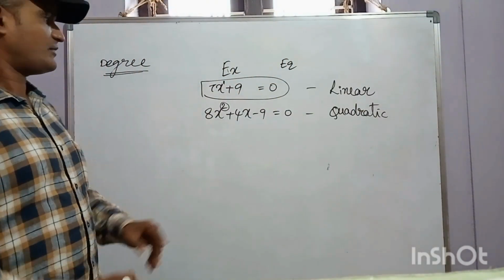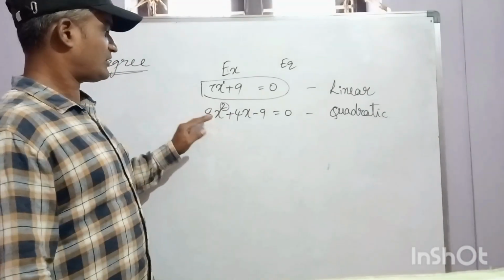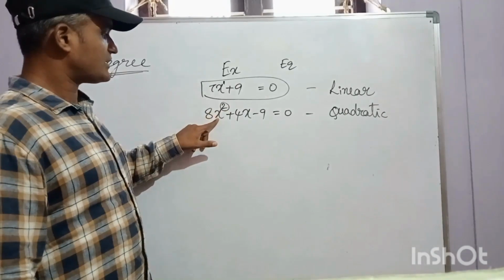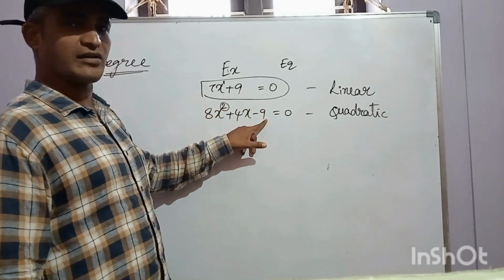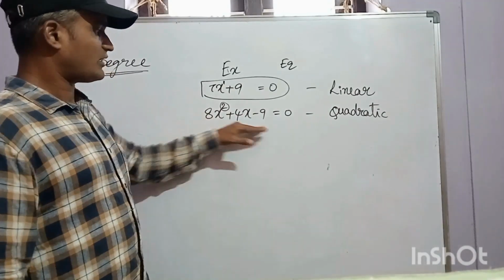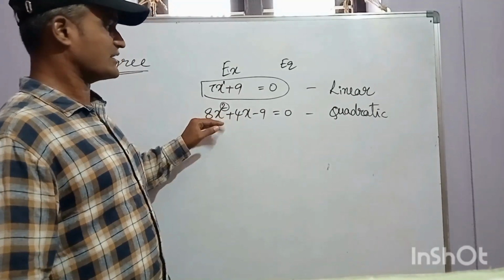Here each term has a different power, but you can see that the power of the variable is 2 here, the power of the variable is 1 here, and this is a constant polynomial, there is no variable. So the highest power is 2, and that is called the degree.